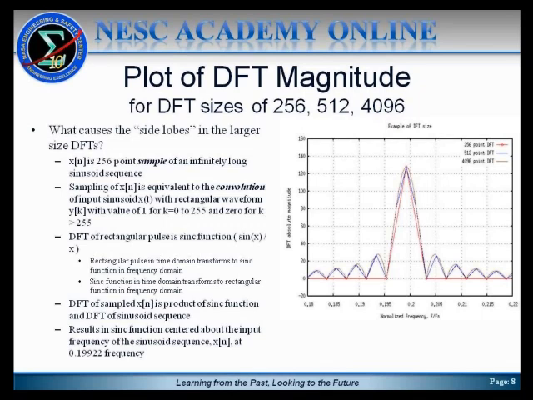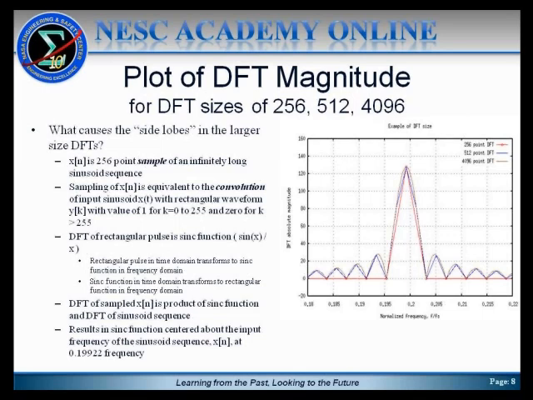Well, what causes those side lobes when we have larger DFTs, and why didn't we see them in this 256 point DFT? The reason is that x sub n that we're looking at, the 256 points of the original sample, is basically a 256 point sample of an infinitely long sinusoidal sequence.